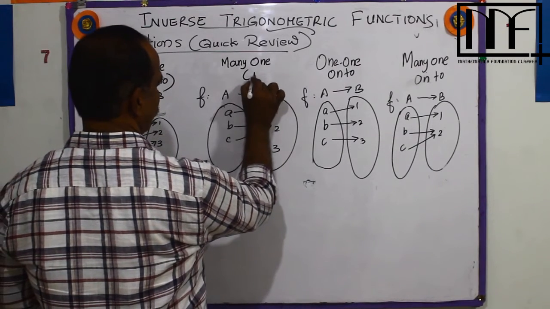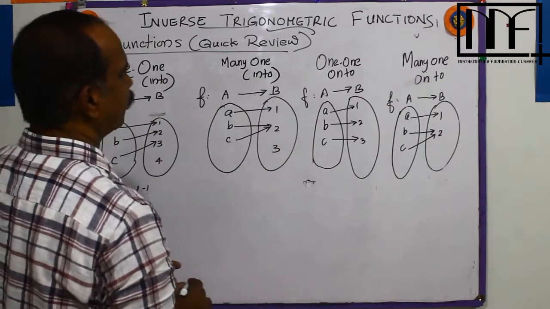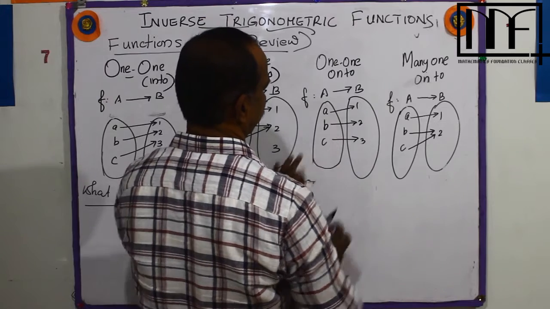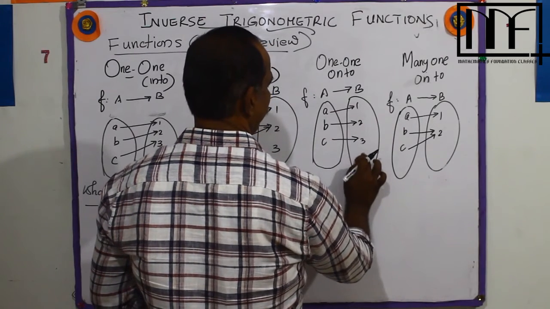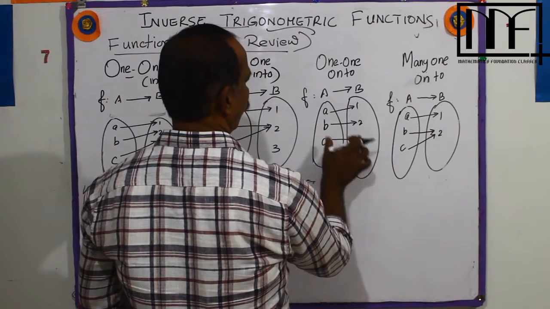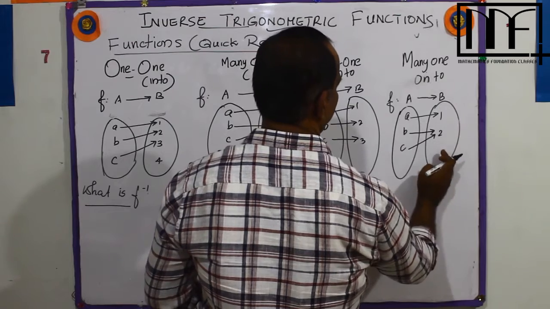Therefore, it is also into, not onto. And the third one is of course one-one and onto. All the elements of the domain set have their own image, and no element is left without a partner in the domain set. Therefore, it is one-one and onto. And again many-one and onto here.